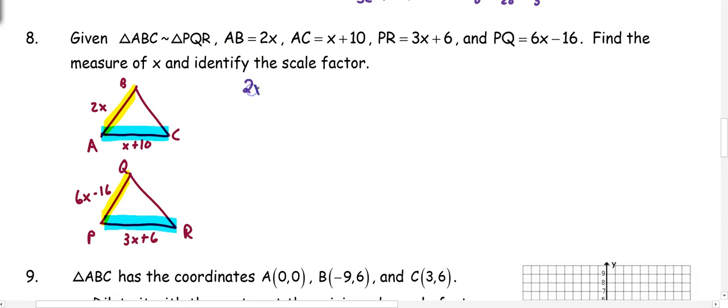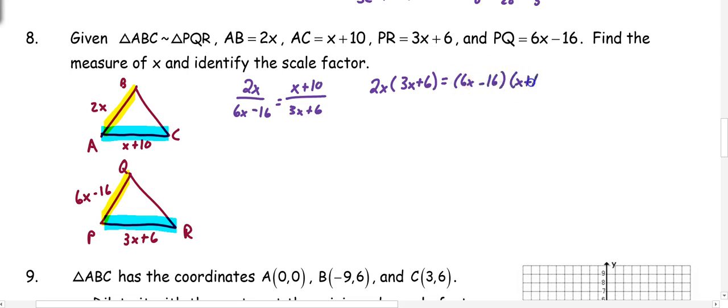So I'm going to have 2x over 6x minus 16 is equal to x plus 10 over 3x plus 6. So when we go to cross multiply, we get 2x times 3x plus 6 and 6x minus 16 times x plus 10.